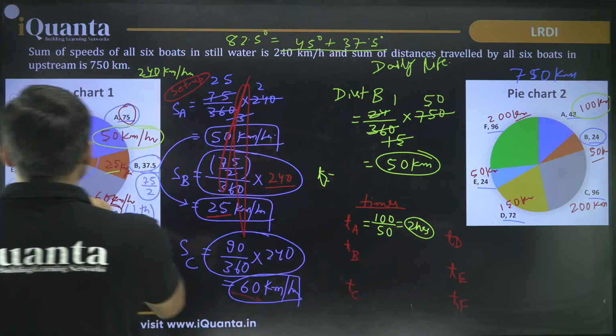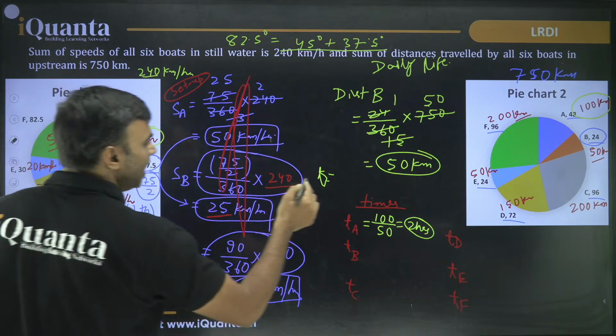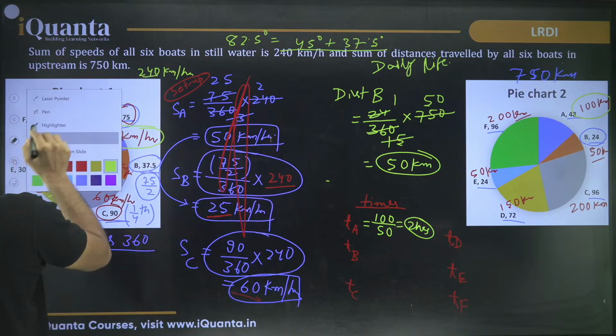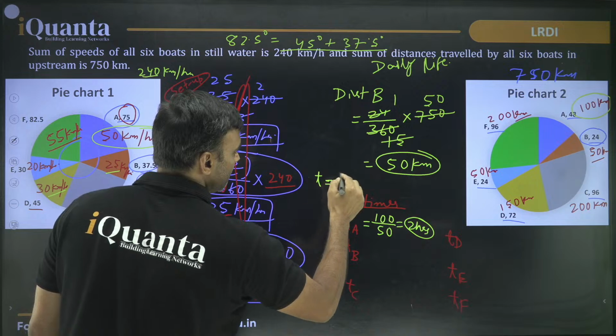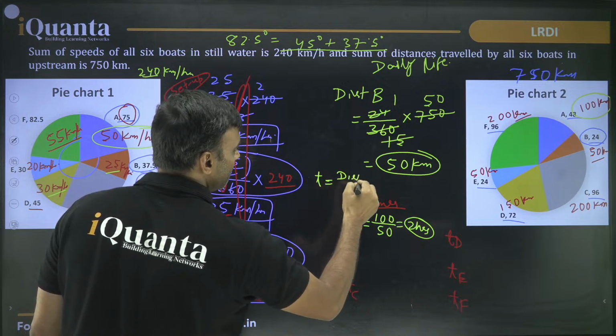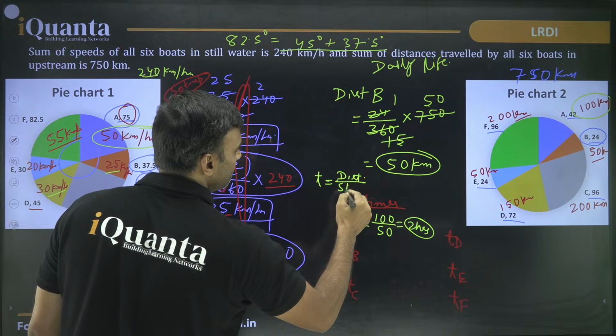Distance divided by speed. But otherwise, it is more like a daily life situation. Try and understand that if you can use the daily life situation, that would be better.